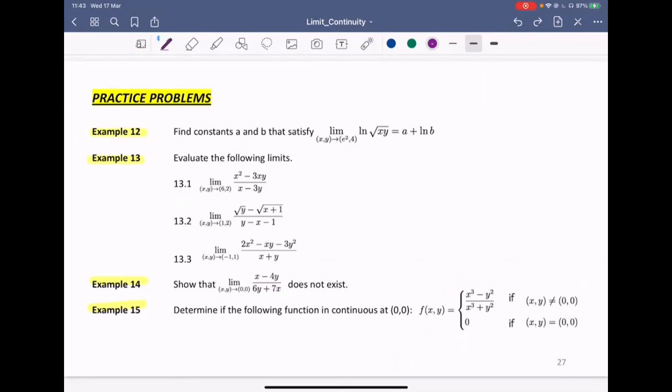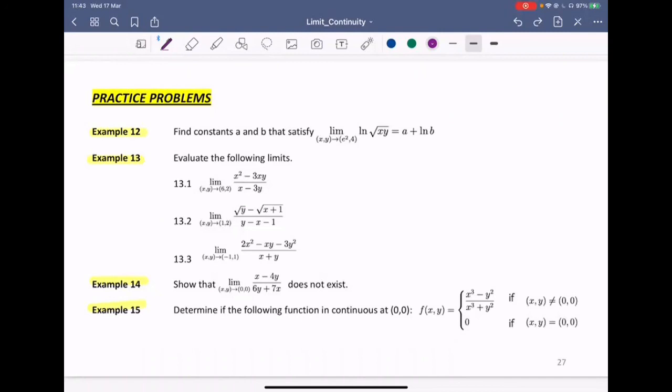So next week we're going to start partial derivatives. We're going to see how to extend differentiation into 2 dimensions. Differentiation is going to take longer compared to limits, because we have two variables now, x and y, so it is not easy.